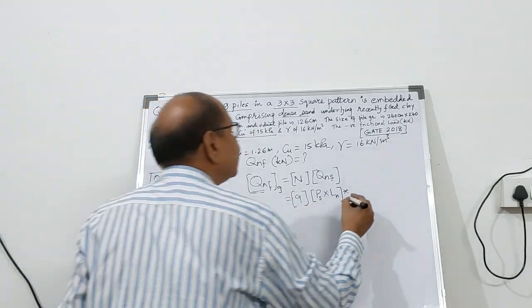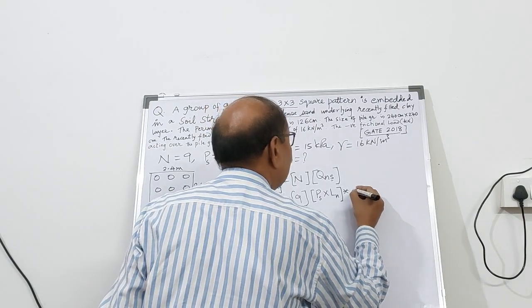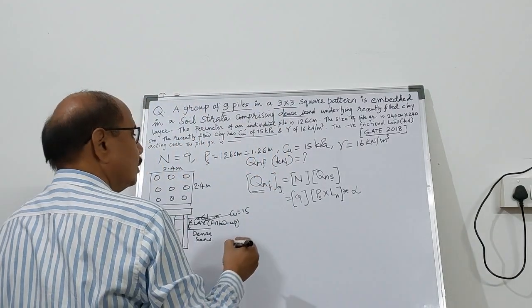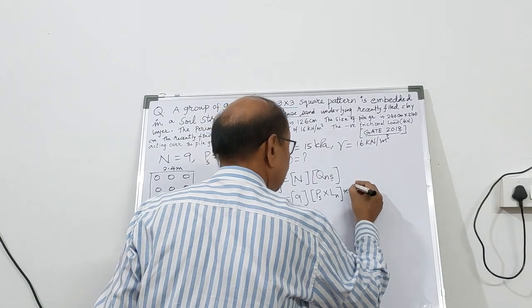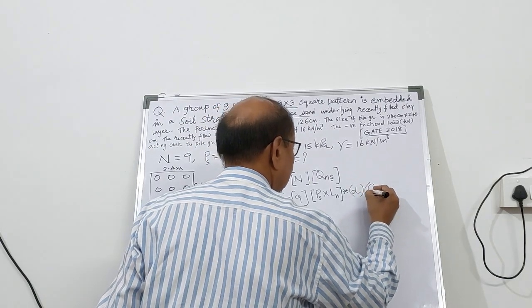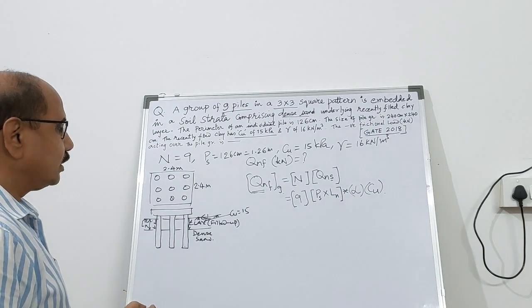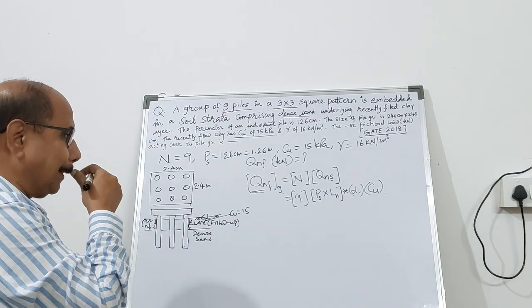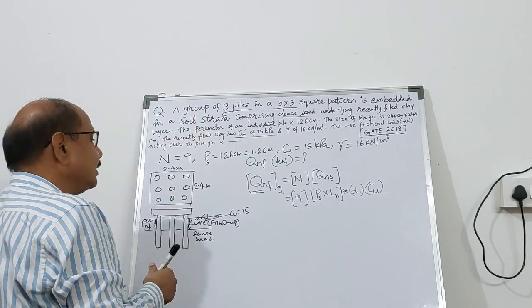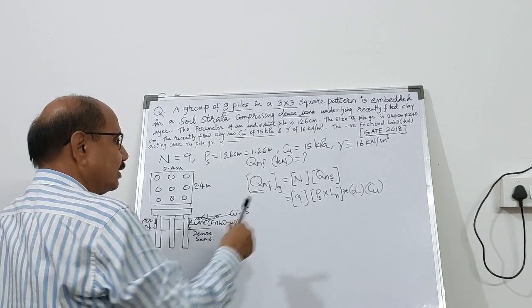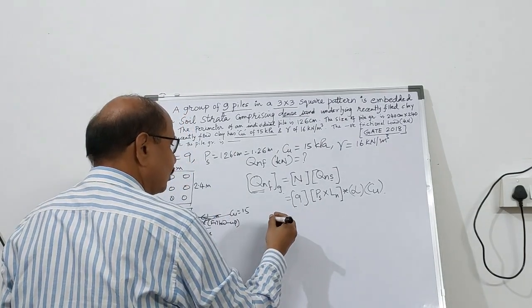That means it is going to be alpha times Cu. That's the negative skin friction that's going to develop. So it's acting in the downward direction. That is the drag force that is going to act.